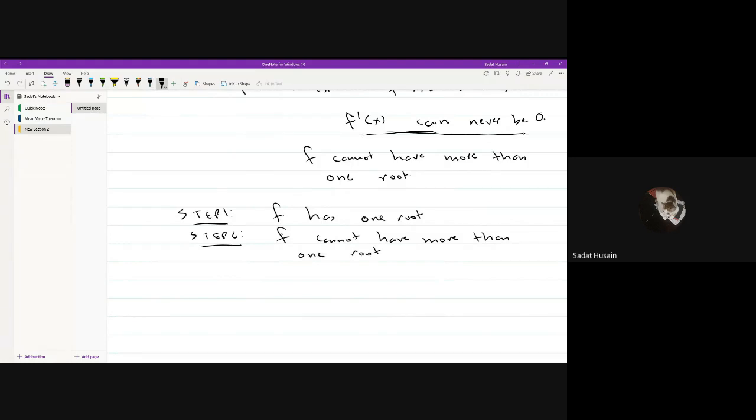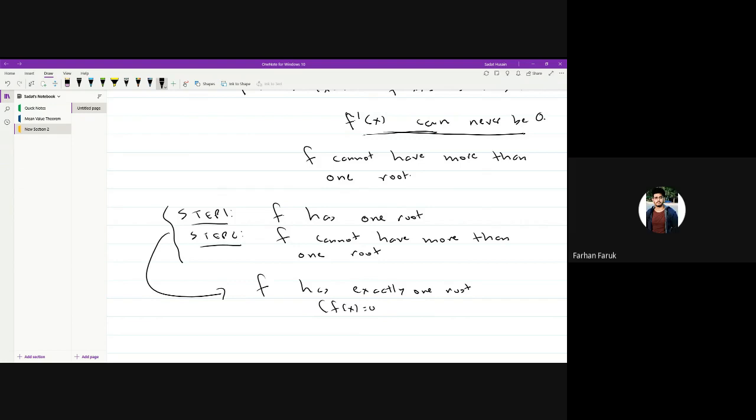So can we combine these two to conclude that f has exactly one solution, one root, meaning we can say that f(x) equals 0 has exactly one solution, right? So this is an application of Rolle's theorem, right?